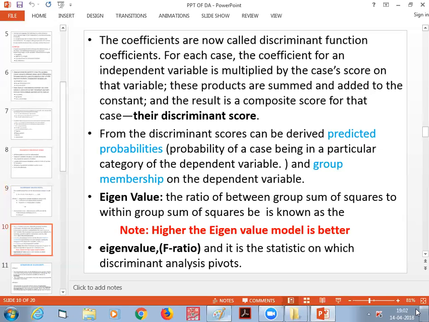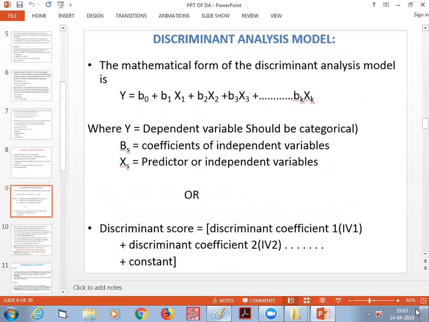For each case, the coefficient for an independent variable, like B1, B2, etc., is multiplied by the case score, that is, the value of the variable x1, x2, etc. These products are summed, meaning added, and added to the constant, and the result is called the discriminant score. That means when you put the values of B0, B1, B2, etc., along with the values of x1, x2, etc., you will get the value of y. That is called the discriminant score.